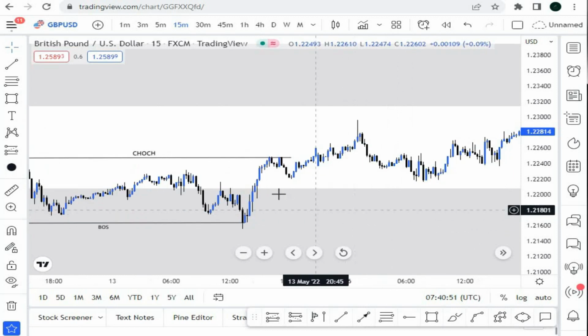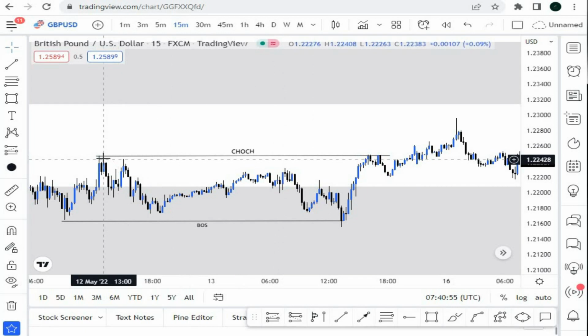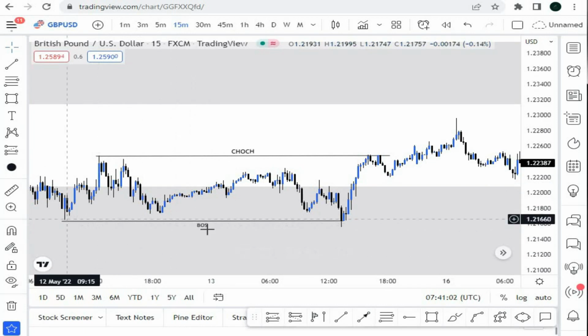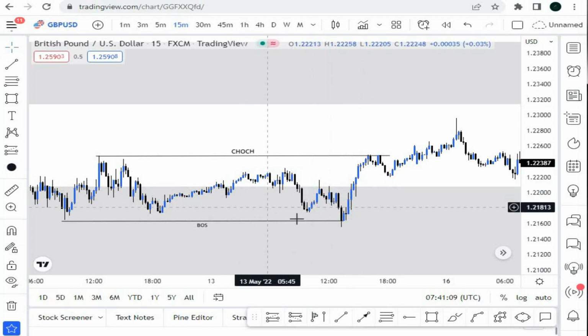So as you all see, we had a change of character, as this was our lower high, right, in bigger time frame, because that's where the price decided to go down, and they've given you a break of structure. After a break of structure, you want to see price mitigating the supply zone, which broke the structure.